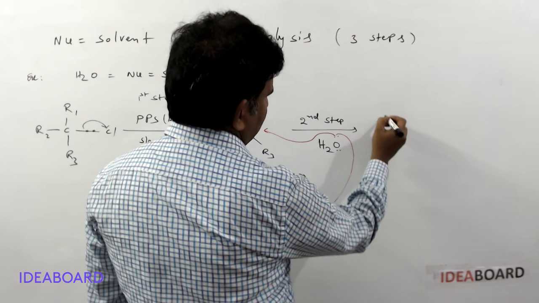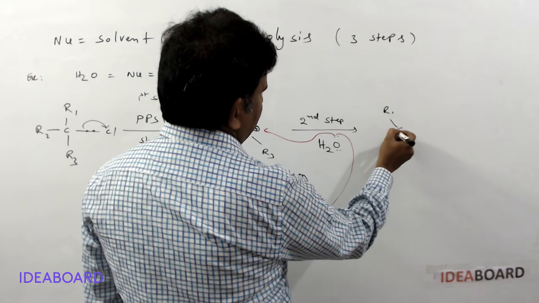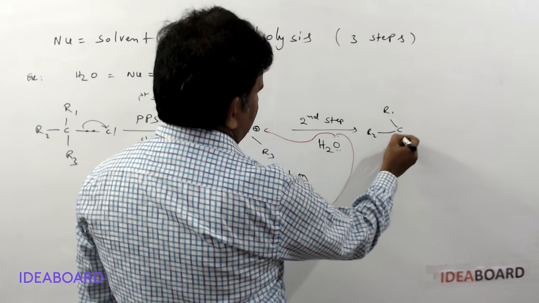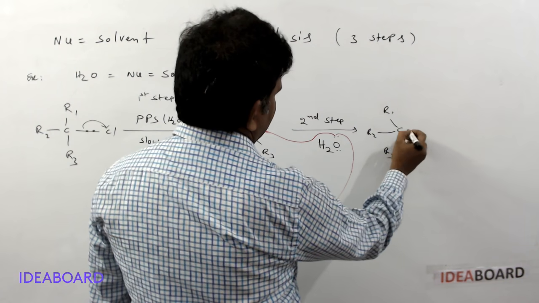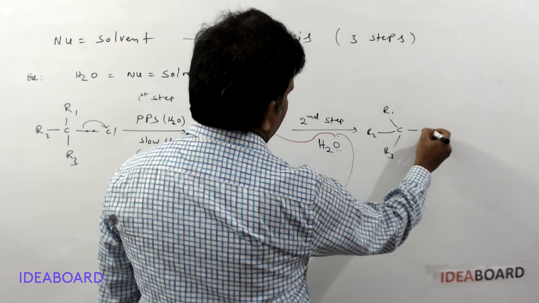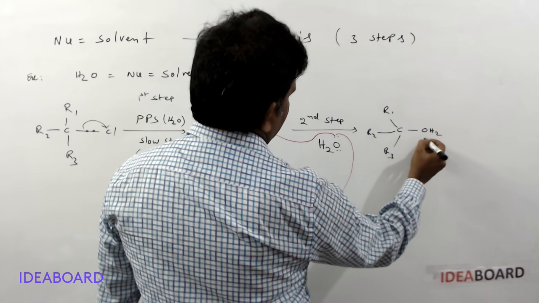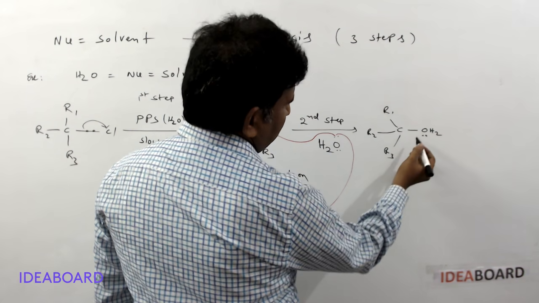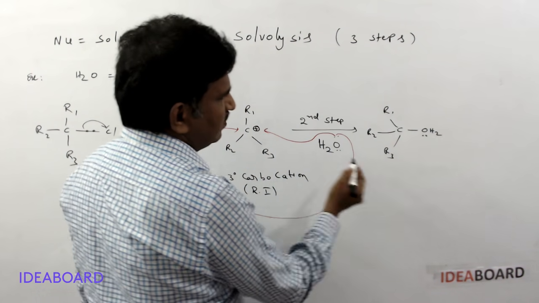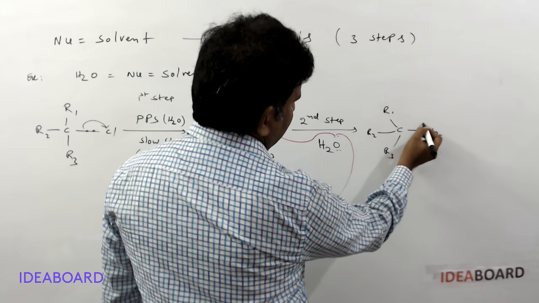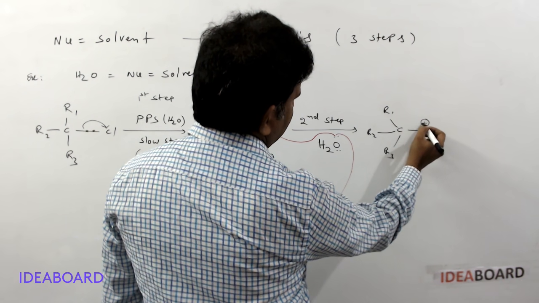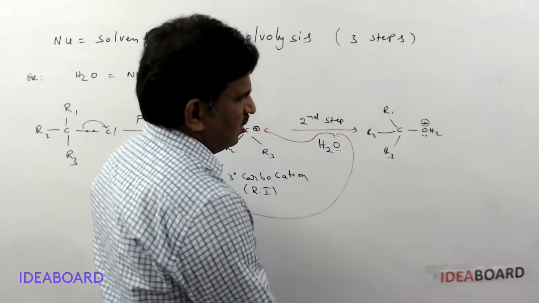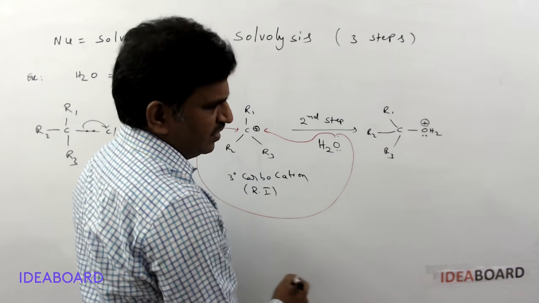Here one is R1, R2 and R3 with OH2, where one lone pair is present and another lone pair made a bond between carbon and oxygen. So oxygen gets a positive charge because that lone pair is in bonding.